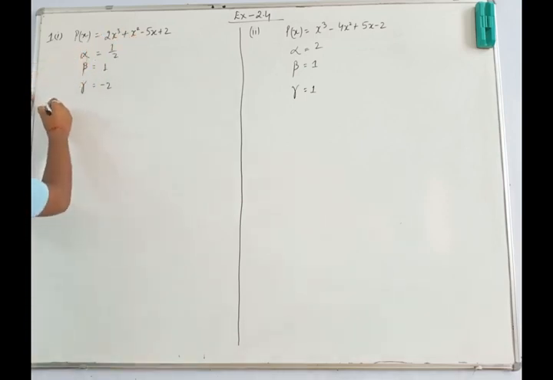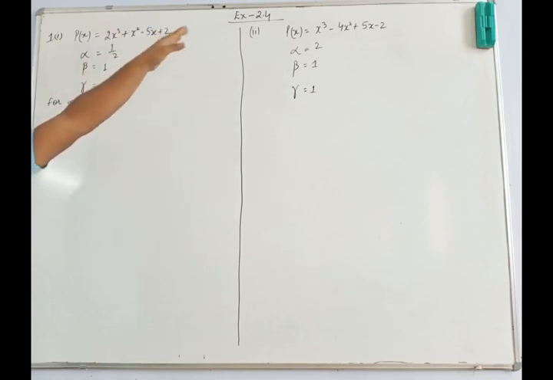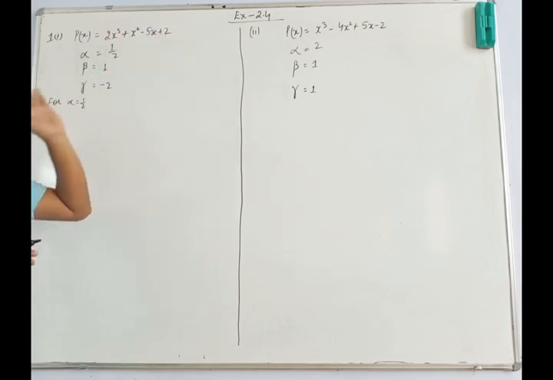For that, we will put the value of the zero in the given polynomial. If the value of the polynomial comes out as 0, we can say that this is a zero of that particular polynomial.